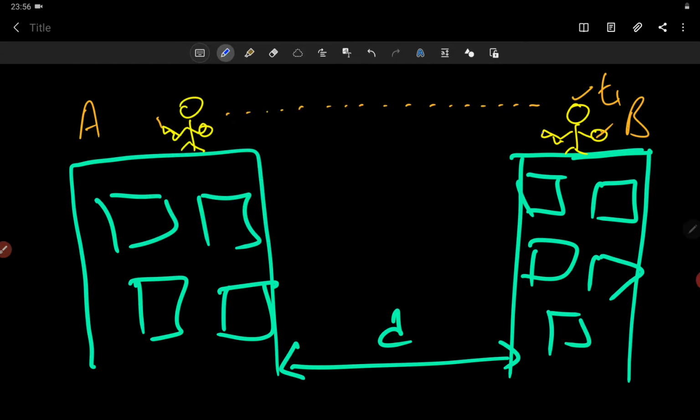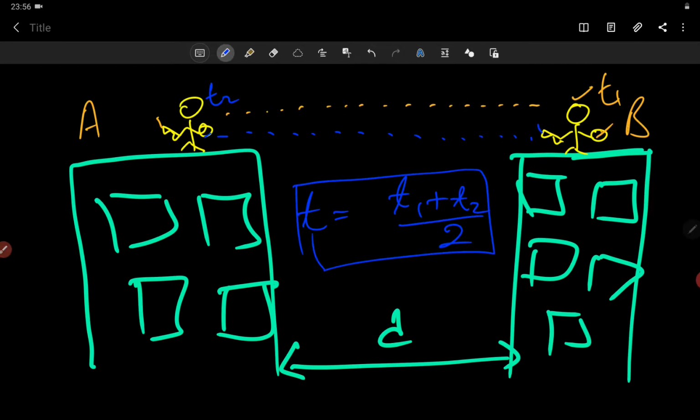Now he fires the gun, right. Now he starts the watch and the sound slowly reaches the observer A, right, and he stops the stopwatch and notes the time to be T2, right, and the average time will be T1 plus T2 divided by 2. So this will give us the average value of the time.